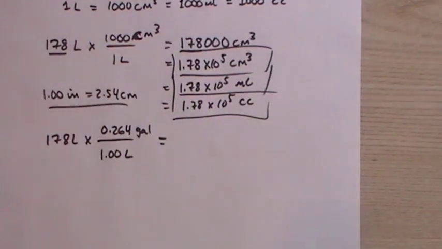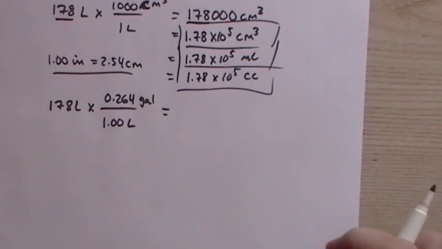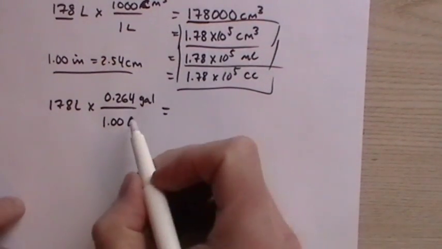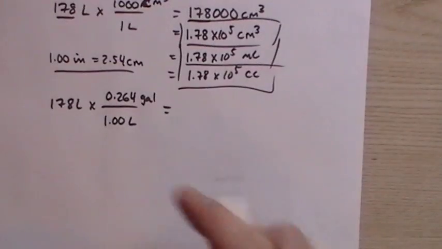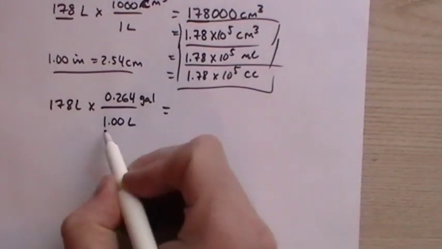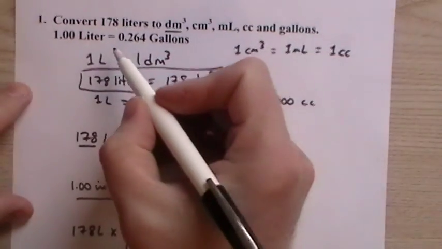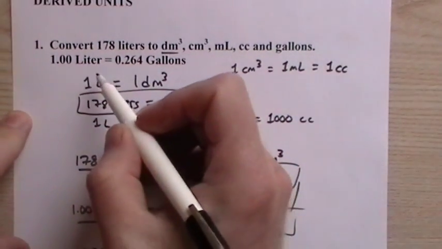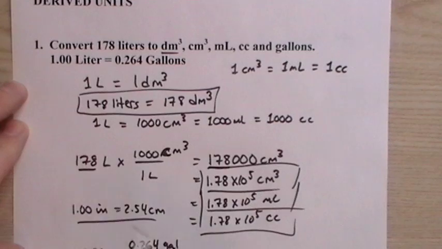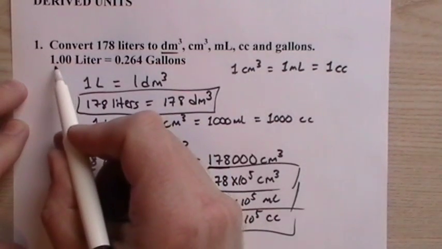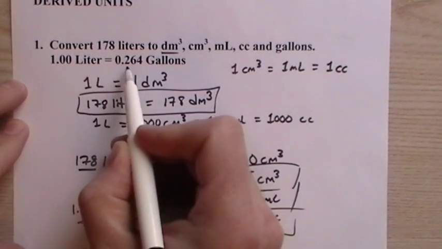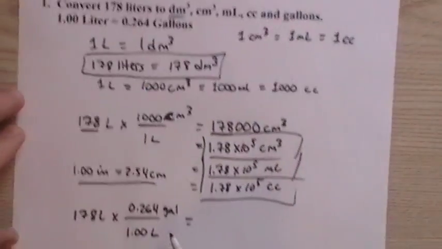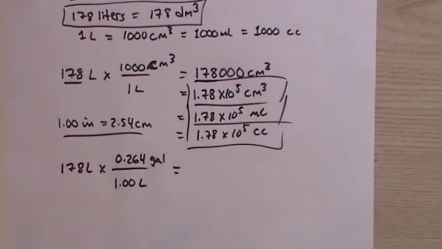That one is exact. Not that we're going to use it here, but just to mention it. But most of the time, they're not exact. You have to be told that. In this case, they're not. So we have 3 significant figures. Luckily, they gave us 3 up here. If they had given us 1.0 and 0.26, then we could have only had 2 significant figures for our answer.